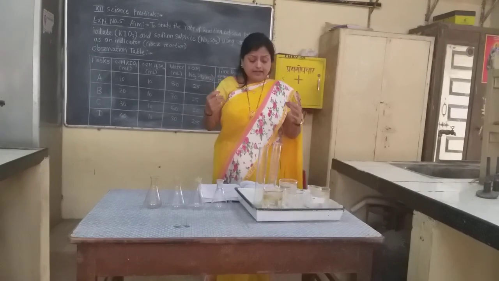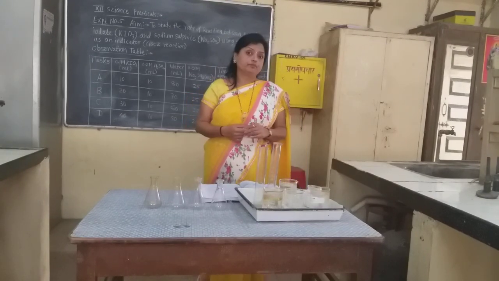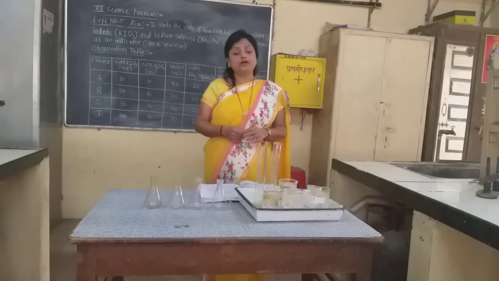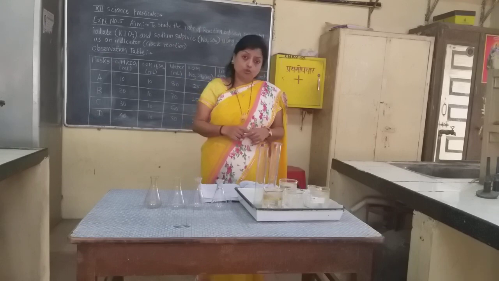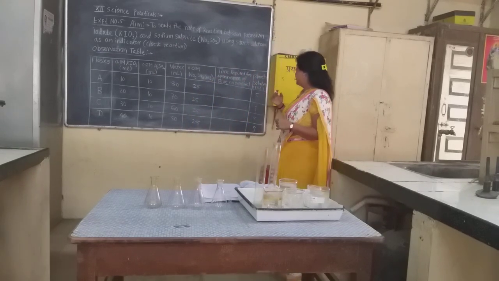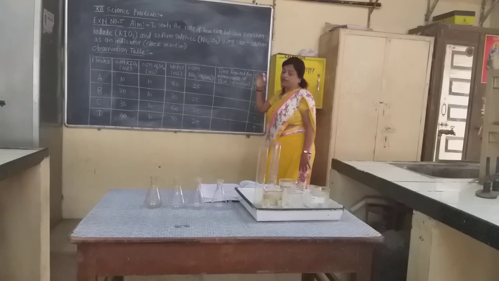Now again we require the stop clock also. If you have a stop clock, you may use your mobile to measure the time required for appearance of the blue color.